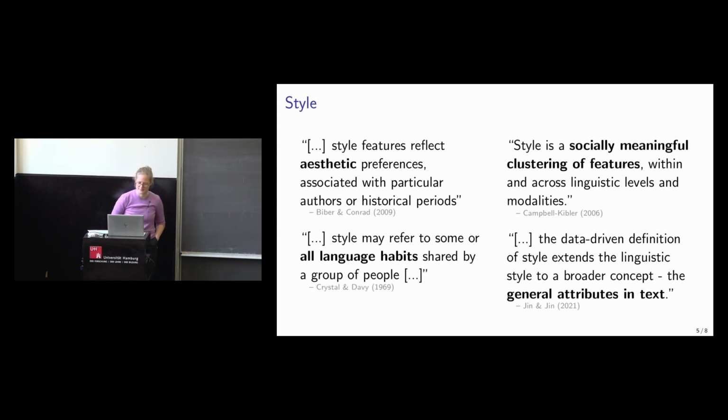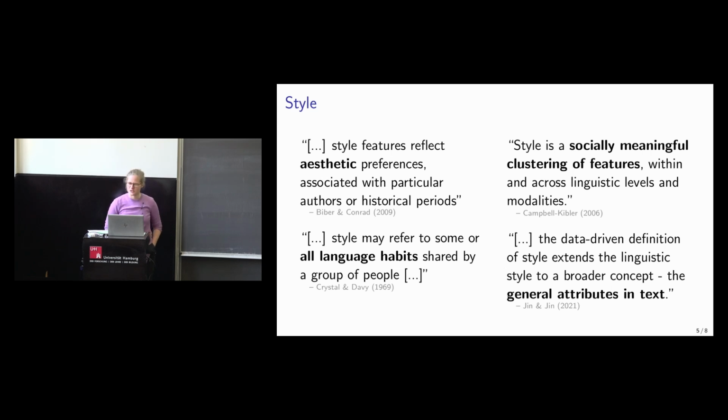So you might have some people that say, well, style is only aesthetic, right? Anything that has function is not style anymore in text. Style might be a socially meaningful clustering of textual features, or it might be all attributes that you can have for text, as has been described in the field of style transfer in natural language processing. So this is really tricky.